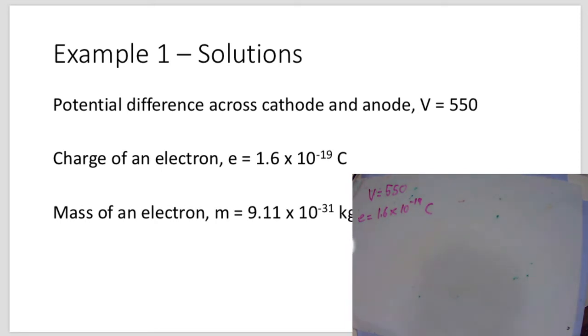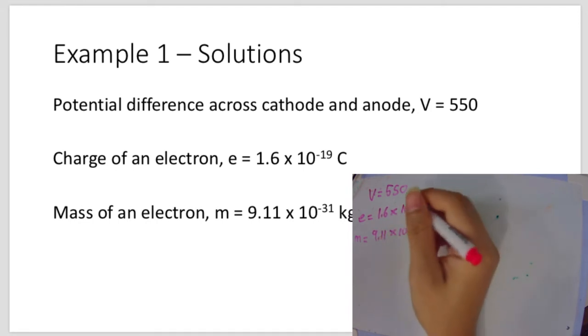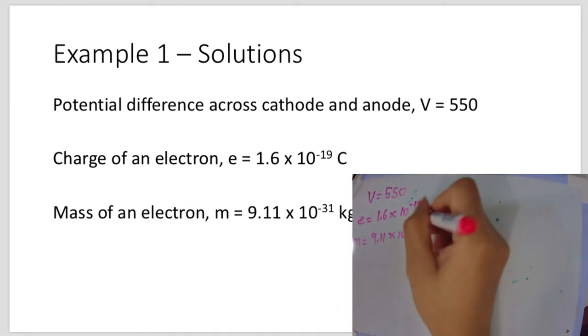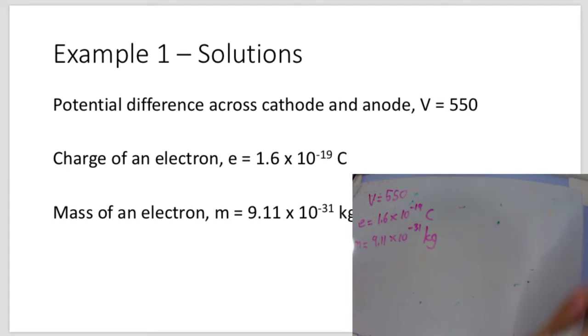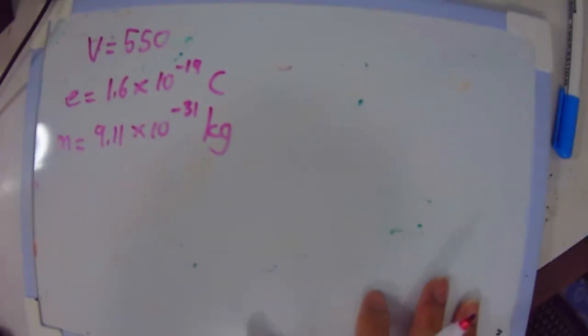And the mass of the electron, small letter m, is 9.11 times 10 to the power of negative 31 kilograms. So this is all the information you need to answer the questions.